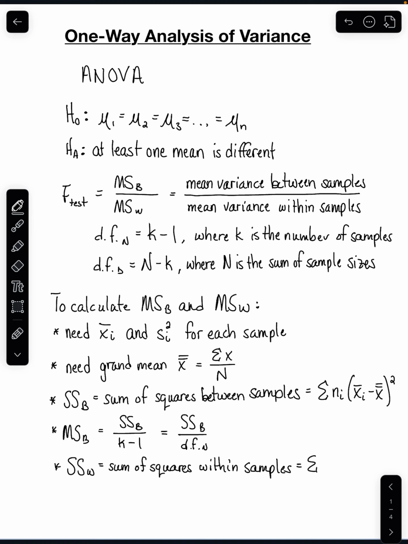So here we have the sum of n sub i minus 1 times s sub i squared. So we're going to take the variance of a sample times 1 less than the sample size for that sample. And then we're going to add them all together.